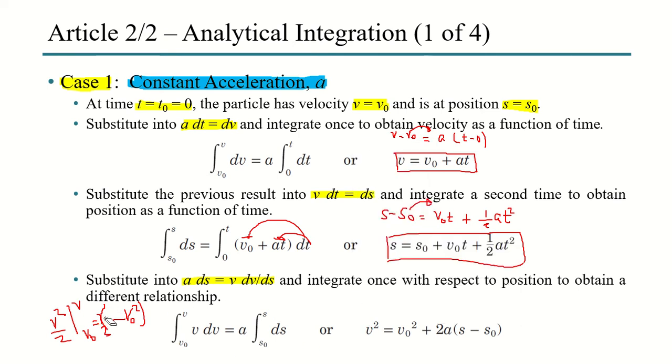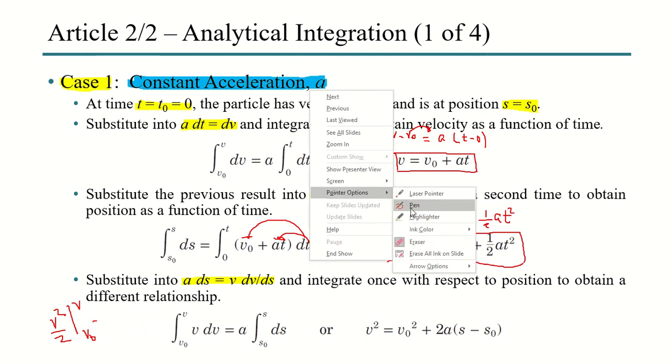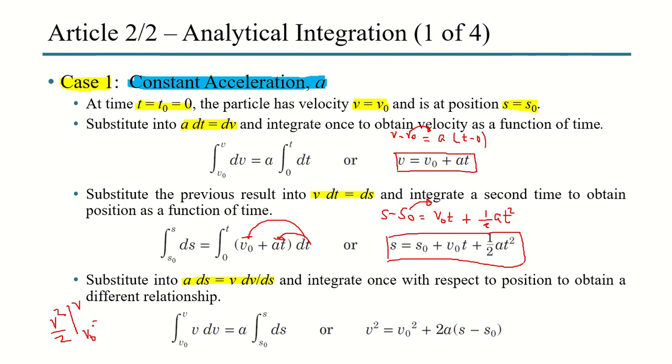Let me do it again. After this part, when you integrate, isolate 1/2 because that's a constant, and then substituting the limit, we have v squared, this is the upper limit, you square that one, minus the lower limit, v sub 0 squared.